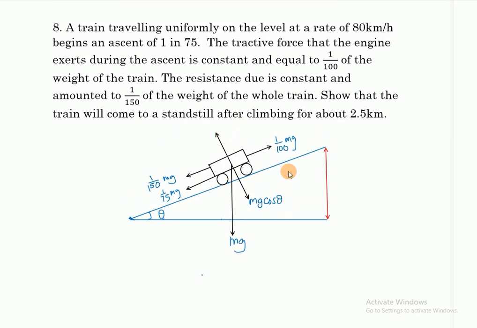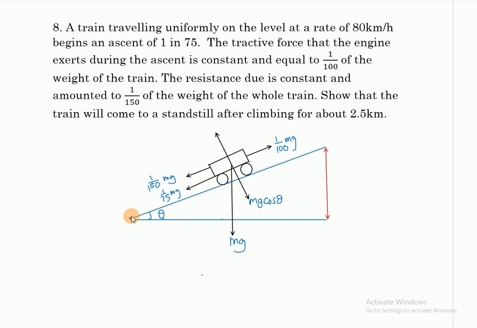So this one is a diagram which is not part of the question. It is a diagram which you are supposed to set up while answering the question to facilitate your answering of the question. While it was on level ground, it was traveling at the point when it began an ascent. So it came to this point here, which is the foot of the incline, when it was traveling at 80 km/h.